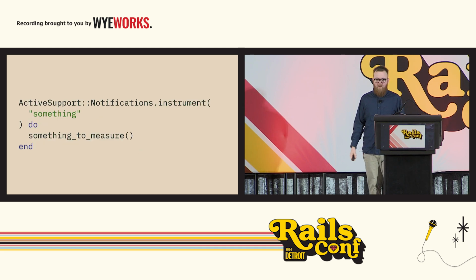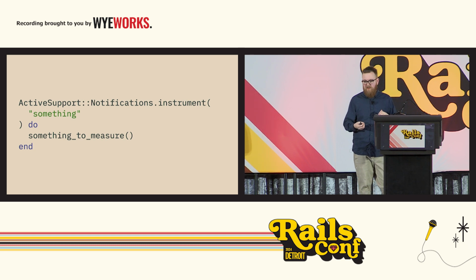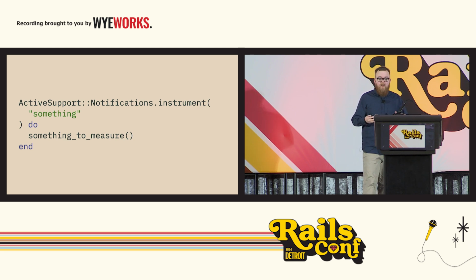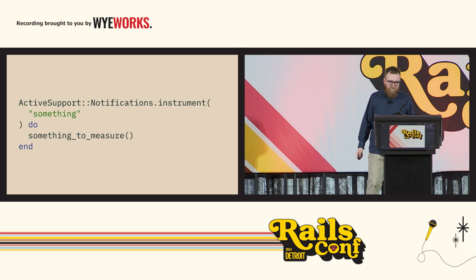So a good tool to help with this is Active Support Notifications. This is an instrumentation framework that's built into Rails. Rails uses this to time all sorts of things within itself. And you can use your own topics too. And I would encourage doing it. It's a very good tool.